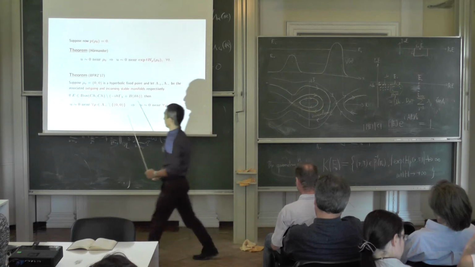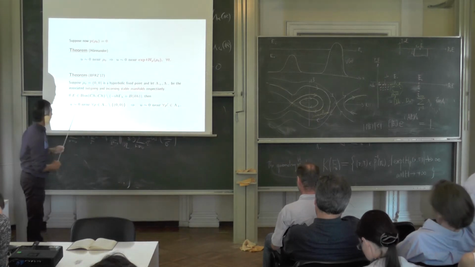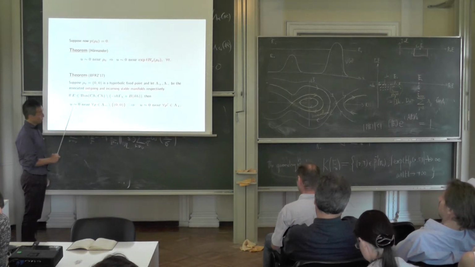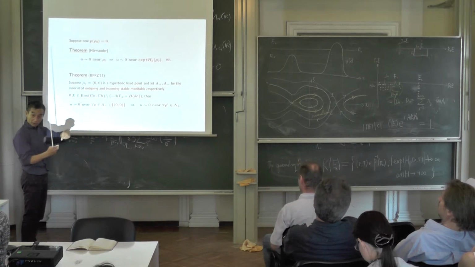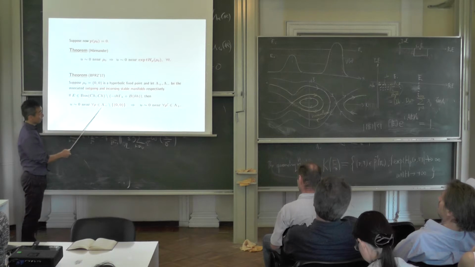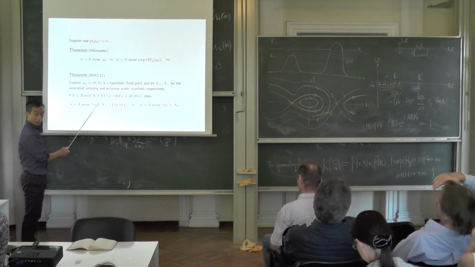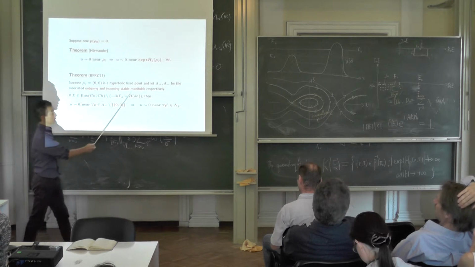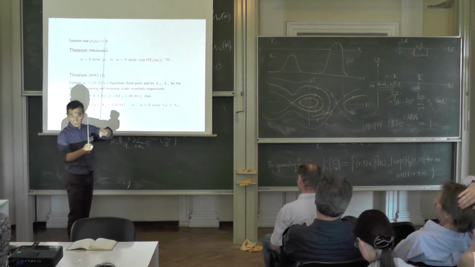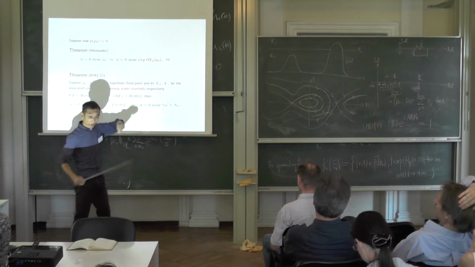The answer is that if u is microlocal 0 at any point of lambda minus infinite stable manifold, except at the fixed point, then you can conclude that it is also microlocal 0 at any point on the stable manifold.